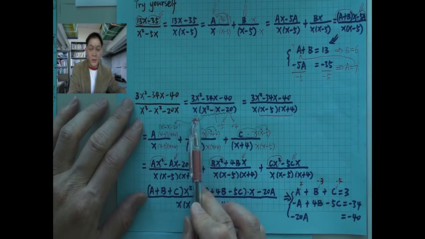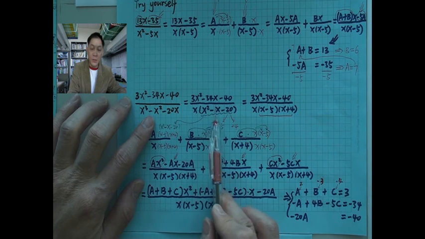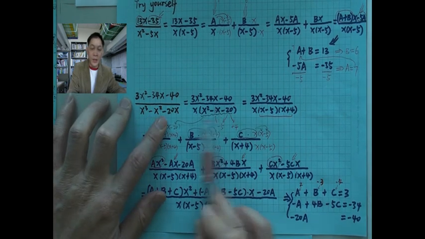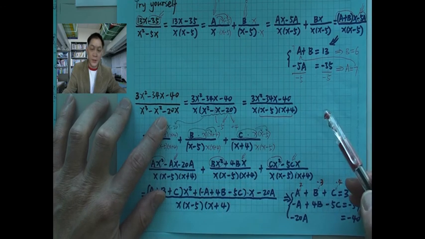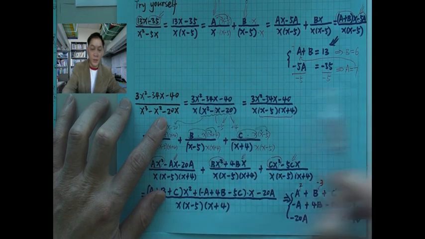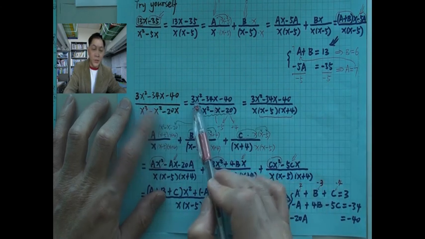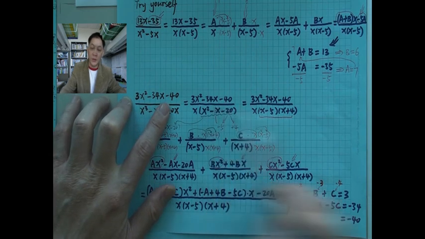If x is out, then the first one will only have x squared. The second one is minus x. The third one, x is out. So you have a negative 20. Okay, numerators, you didn't do anything. You leave it. It was 3x squared minus 34x minus 40.